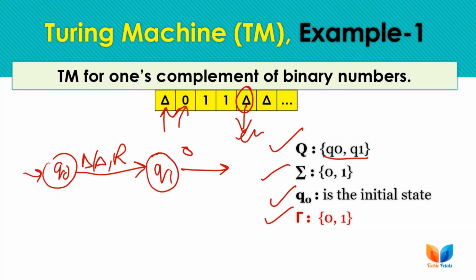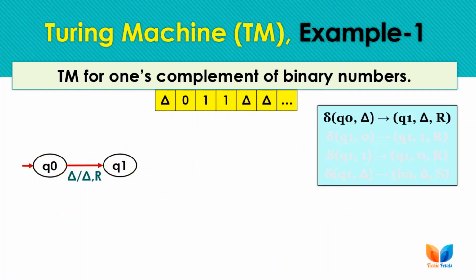At the end of the complete input string we will have another blank symbol that shows the end of the string. Okay, so here is the corresponding transition diagram. From Q0 to Q1 we move with a blank replaced by another blank and move right.